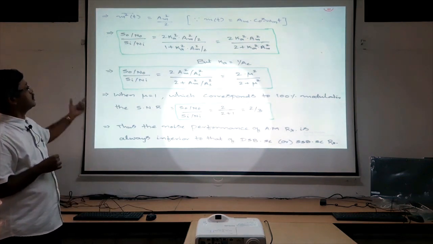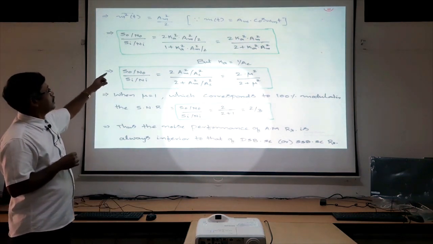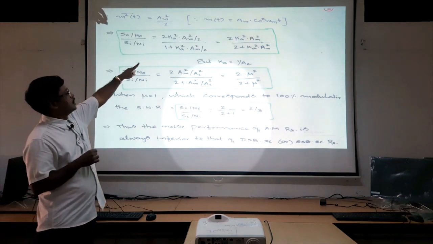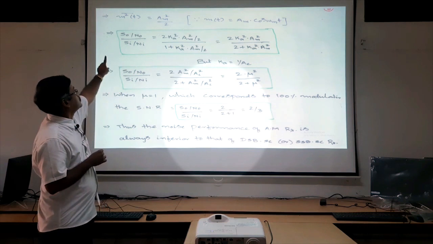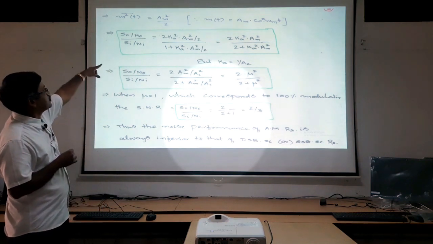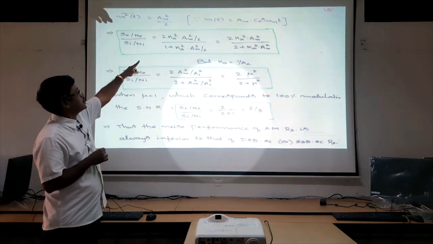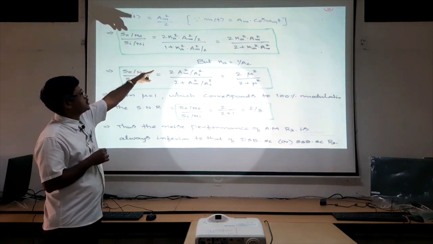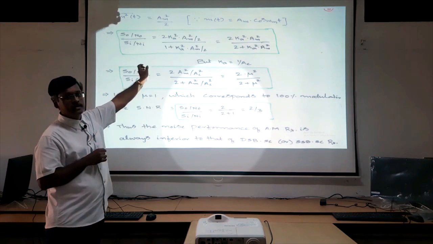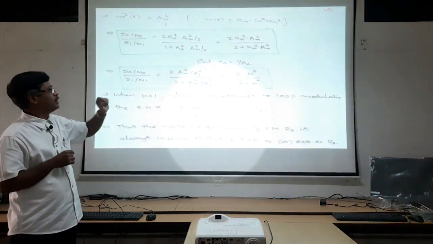Now, redefine the equation, and here substitute the mean square power of the input message signal. So the overall signal to noise ratio figure of merit becomes 2 Ka square Am square by 2 divided by 1 plus Ka square Am square by 2. Here Ka is the amplitude sensitivity, which is nothing but 1 by Ac.